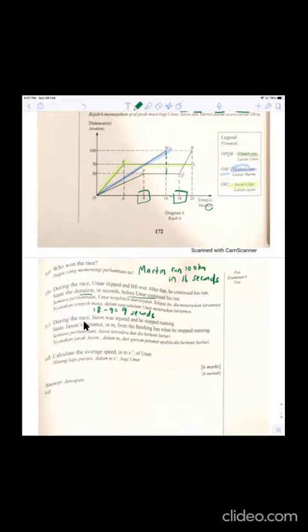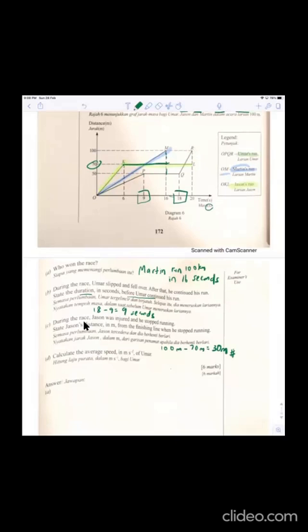When he stopped at here, right? He stopped at 70. So you use 100 m minus 70 m. So 30. So the answer is 30.